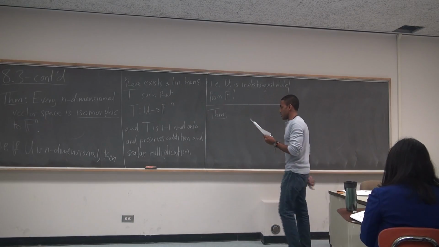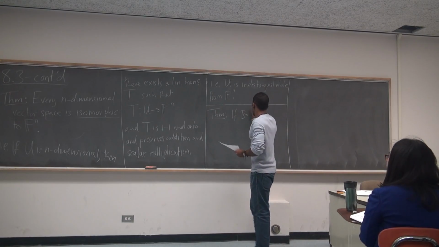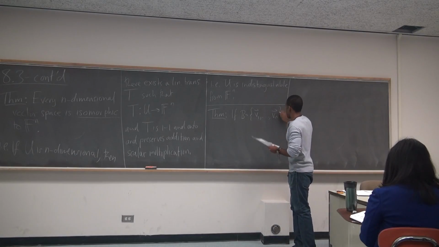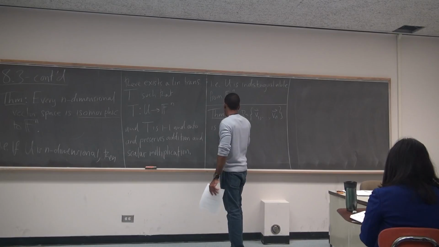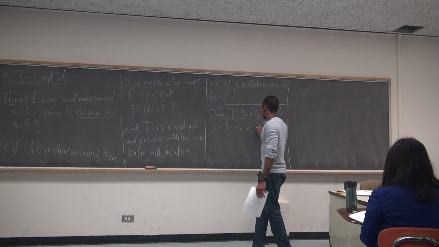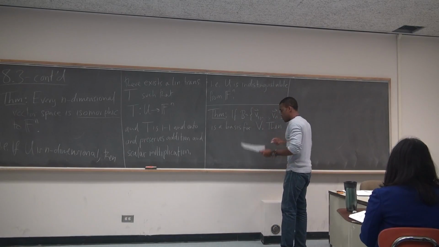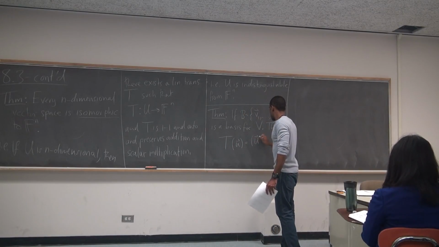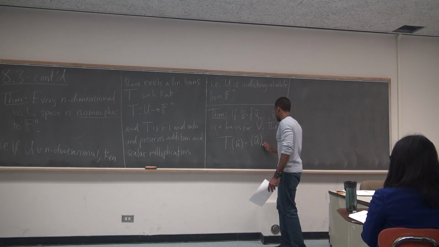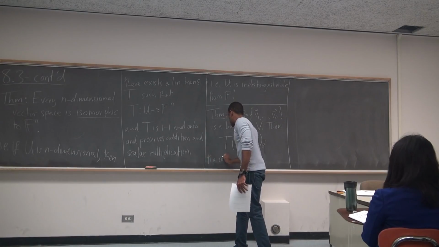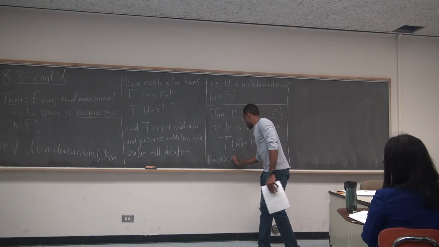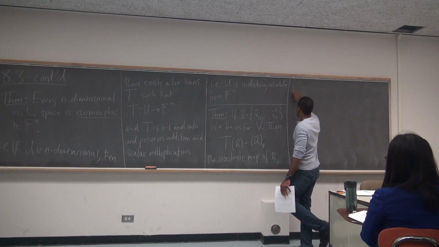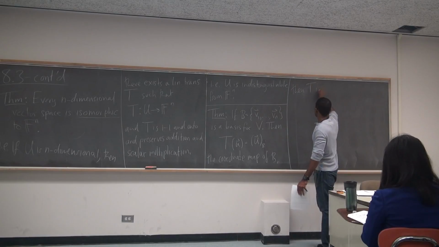Here's one specific kind of map that can work. If B equals b1 all the way up to bn is a basis for a vector space V, then if I set up this linear transformation, that's just the map that goes to the coordinates, then it turns out T is an isomorphism.